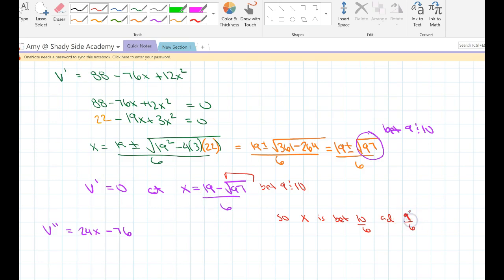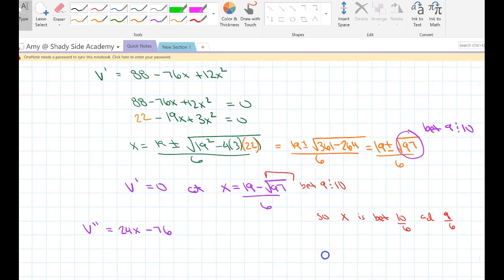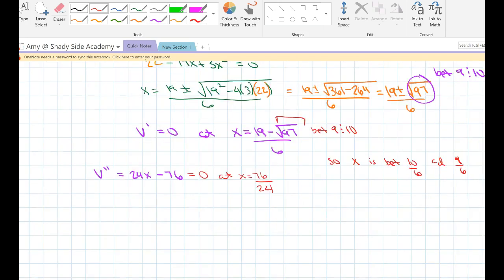I'm noticing here that V double prime equals 0 at x equals 76 over 24. And actually, you didn't even need to know this detail at all.